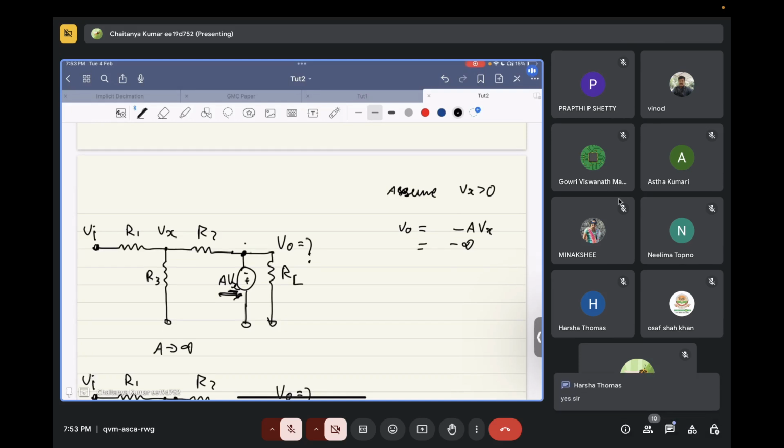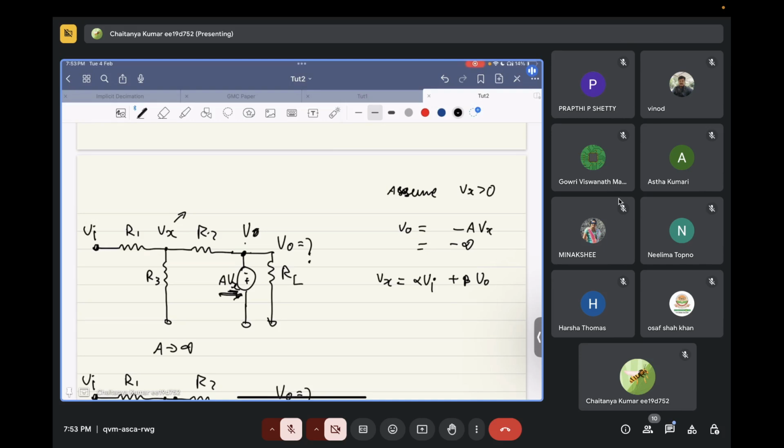Now, if V naught tends to minus infinity, Vx will be some resistor divider between R2 and R1 and R3 of V naught, correct? So you can write Vx as some alpha times Vi plus some beta times V naught.